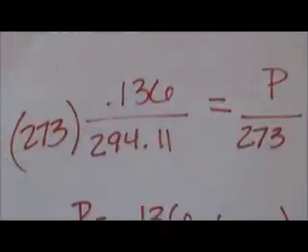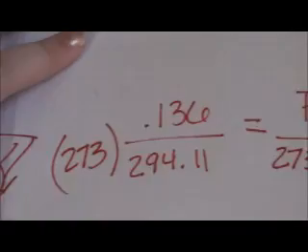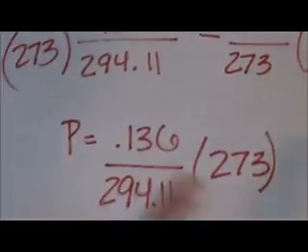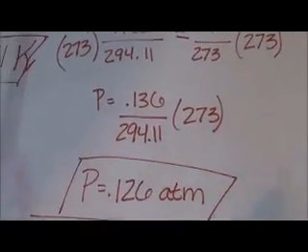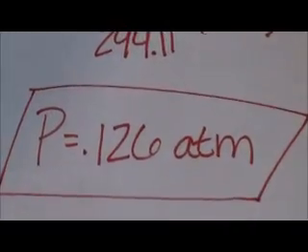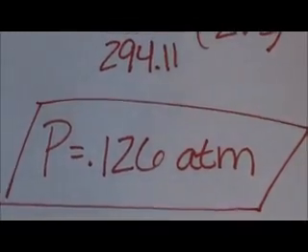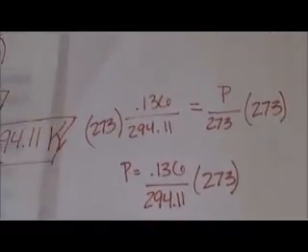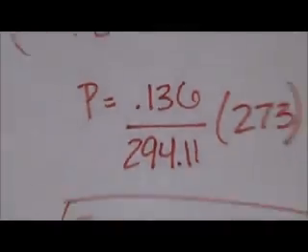Right. Okay. So to do that, we have to multiply on both sides by 273 to find our final pressure. So once we did that, we got pressure equals 0.126 atmospheres. So you can tell that the pressure did decrease from 0.136 atmospheres to 0.126 atmospheres.